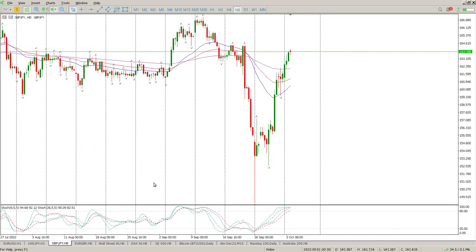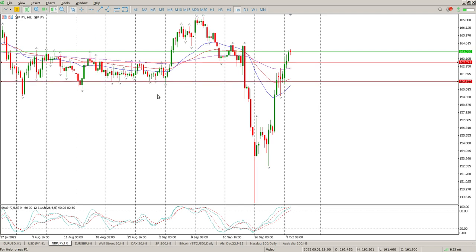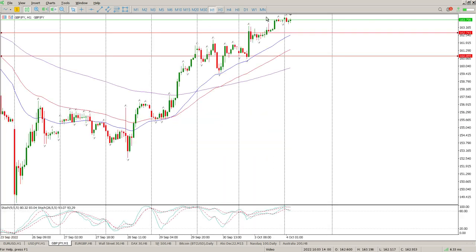Moving on to British pound, Japanese yen. Strong move last week, was continued to the upside, but I am still looking for an area. If we are going to get in long, we want to come in on structure, and those are the two areas that I would be paying attention to. If we just get down to the hour, you'll see, I suppose yesterday we did come down here, but then look, this massive acceleration bar.